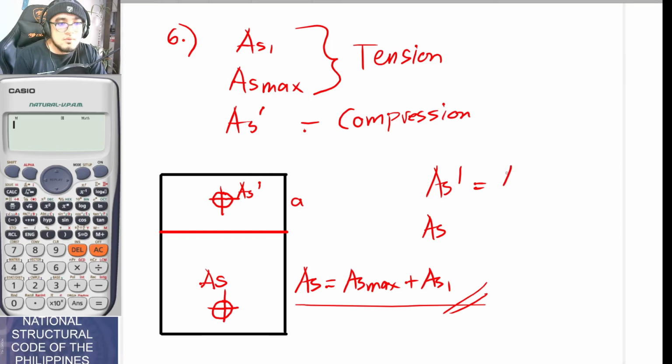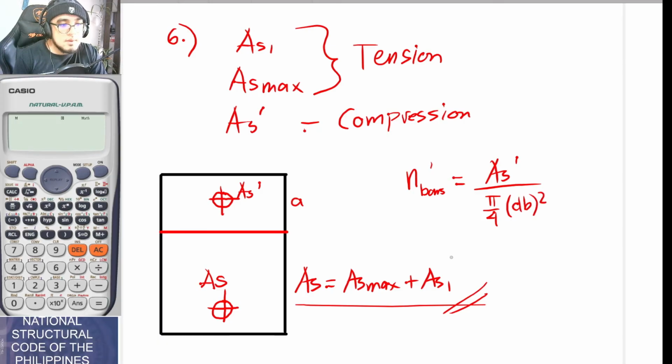So for the number of compression bars, n bars prime is equal to As prime divided by pi over 4 times d_b squared. The same is true for our tensile reinforcement. So n bars is equal to As, taking note that it should be the total As, divided by pi over 4 times d_b squared.